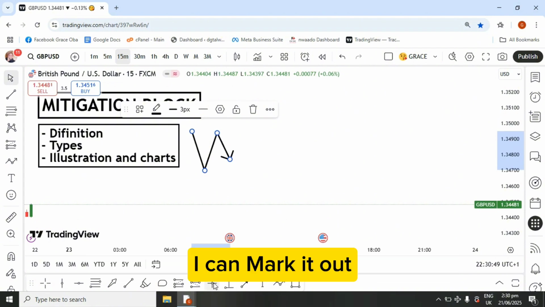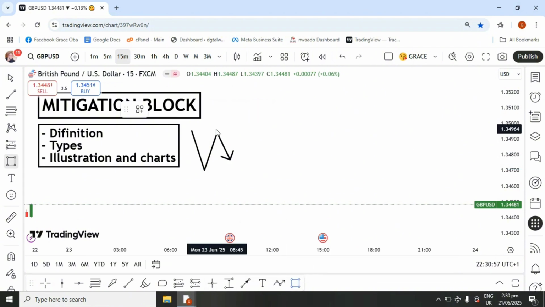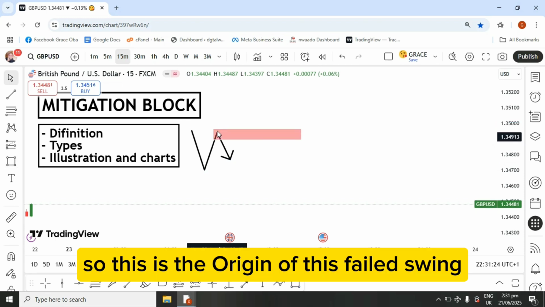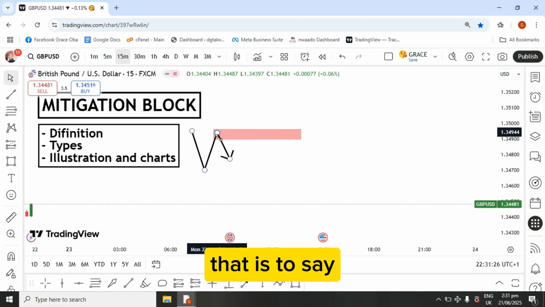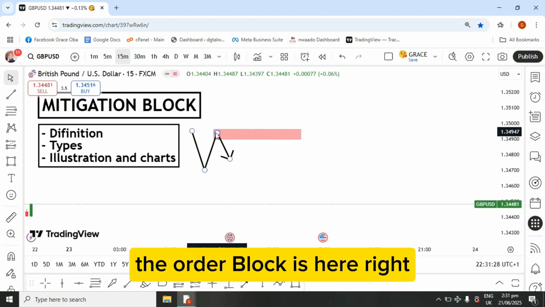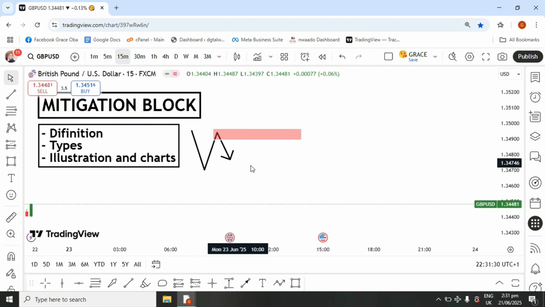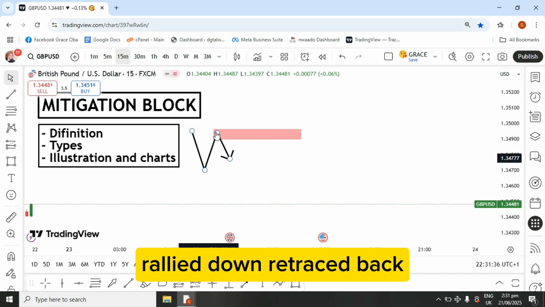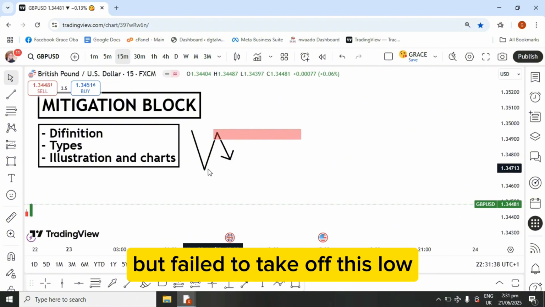I can mark it out. So this is the origin of this failed swing. That is to say, the order block is here. Now, price rallied down, retraced back, but failed to take off this low.